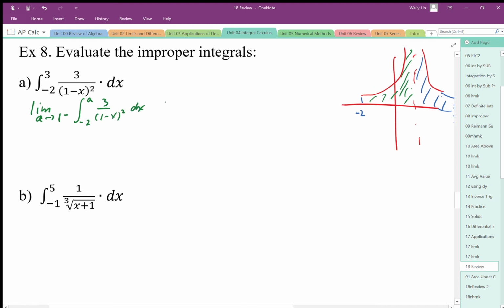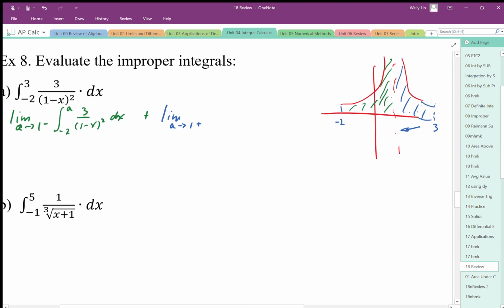And then plus, although the integral is going to end up essentially being the same, I'm going to do the side in blue, the limit as a goes to 1 from the positive side, because we're going to be integrating this way to the asymptote. We're starting on this side of the asymptote, at a, or 1, and going all the way to +3. And this is going to be the same function, so we should end up with the same integral.